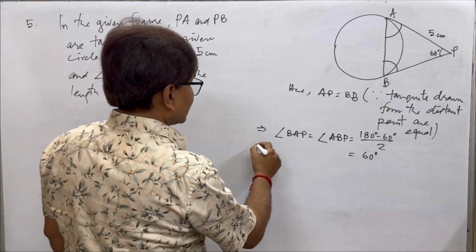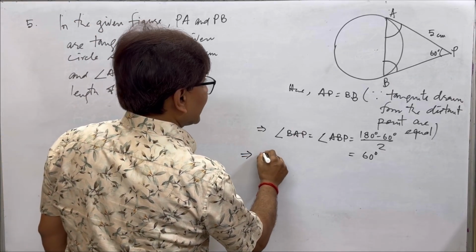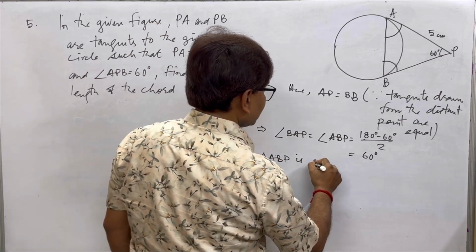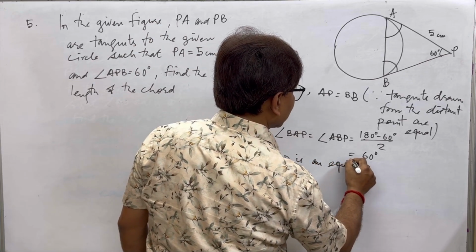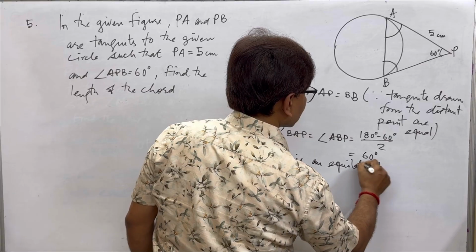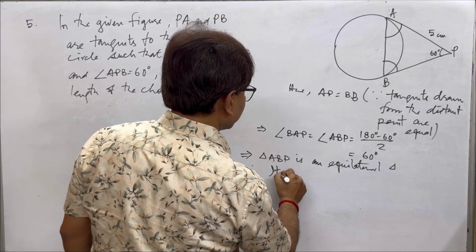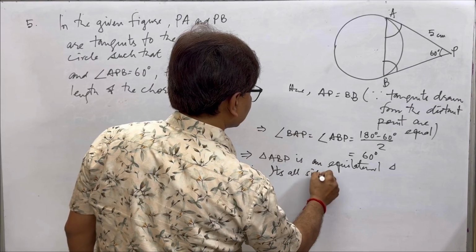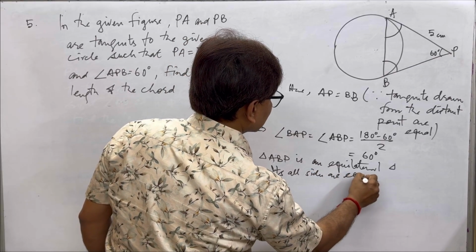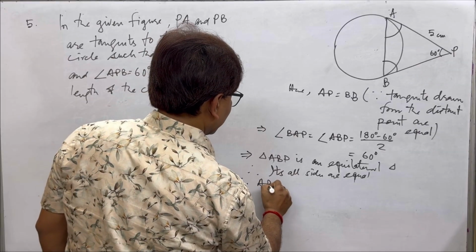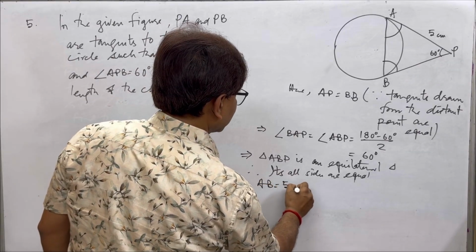Hence triangle ABP is an equilateral triangle. Therefore all its sides are equal. Therefore, AB equals 5 centimeter.